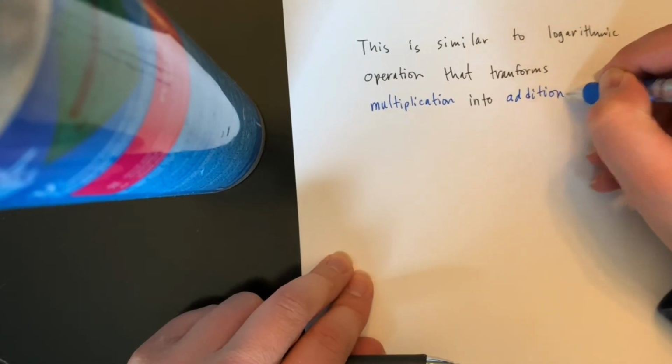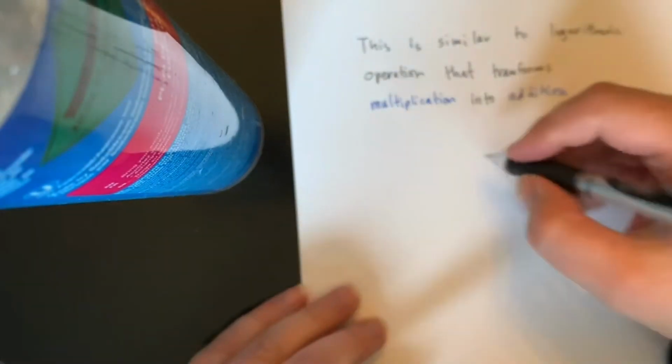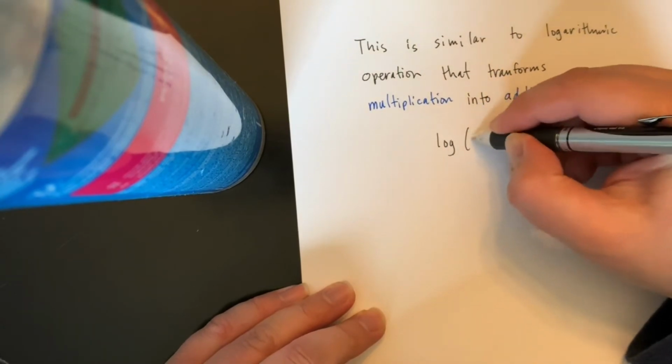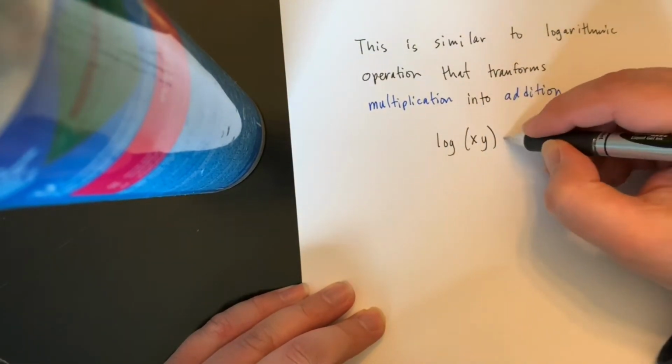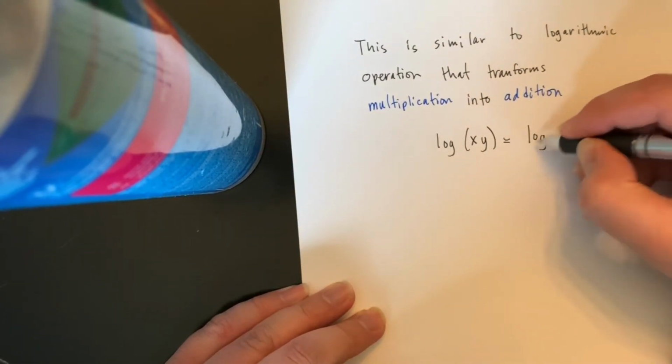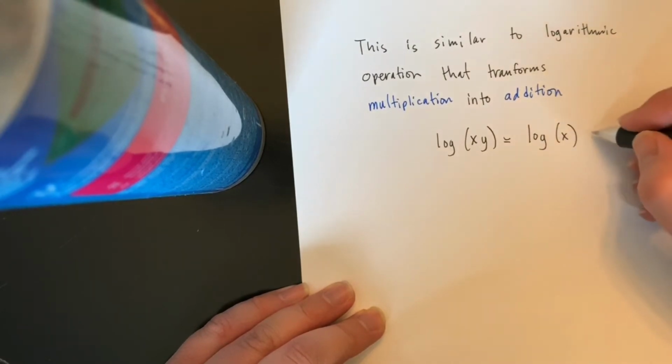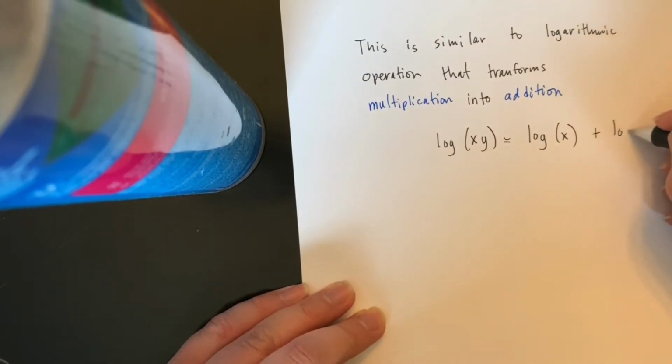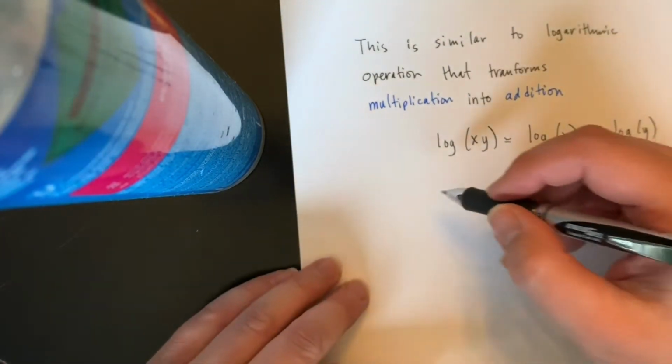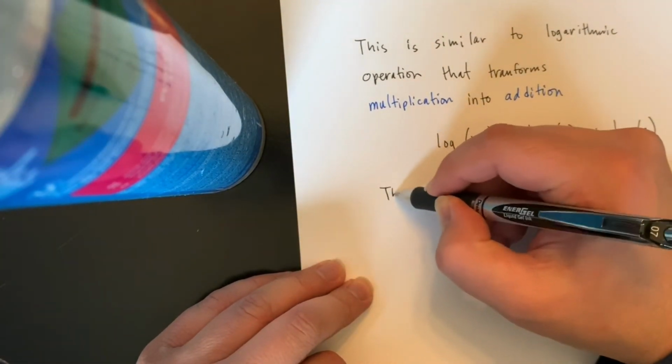So if you recall, we would take the log of xy. And now, if we have logarithmic tables, we can take the log of x and the log of y and add those together to find the product.